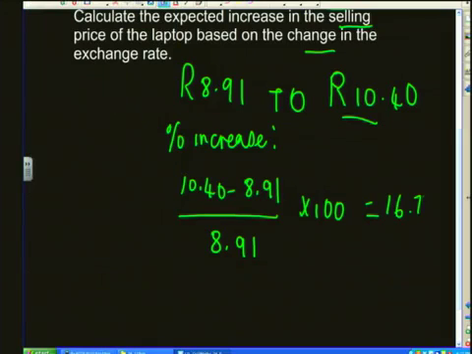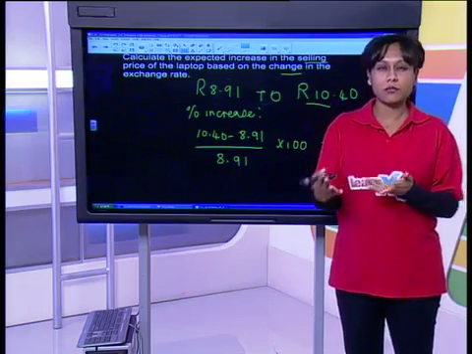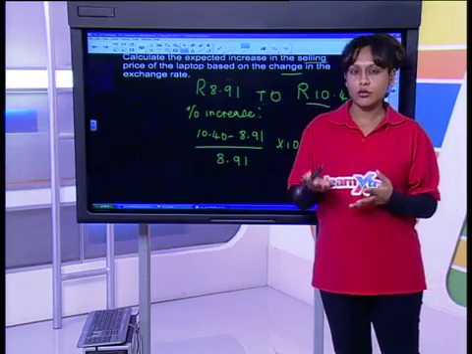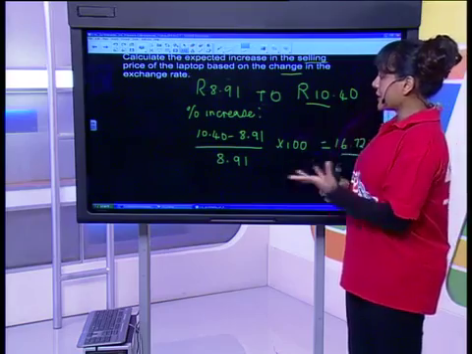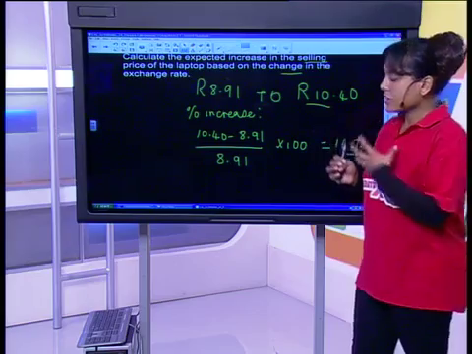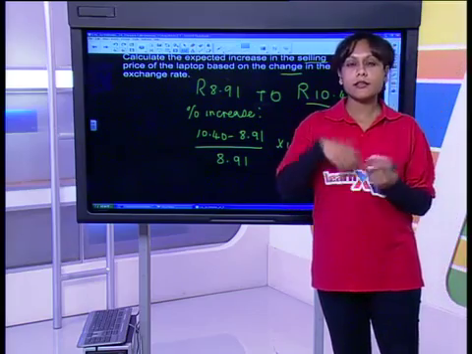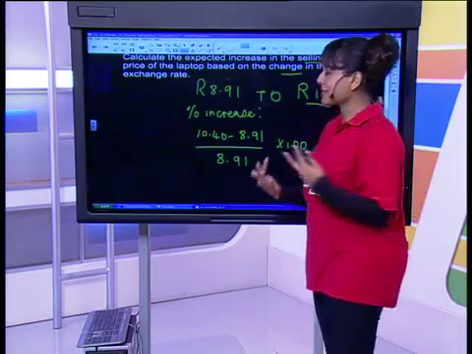So 16.72%, and that was your percentage increase. Again, you notice I haven't rounded off completely because I want to keep that value in the calculator so that we don't have any rounding off errors when we get to the end. So what we've said here is the rand has weakened basically by 16.7%. So therefore, it should cost 16.7% more to buy this laptop.